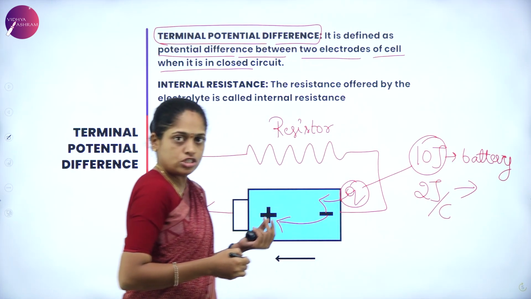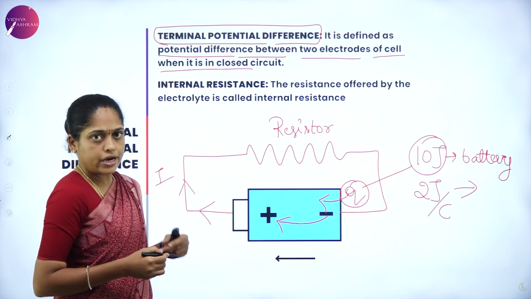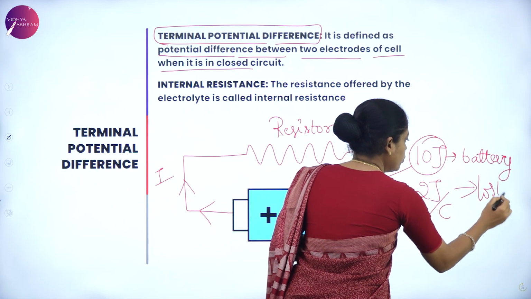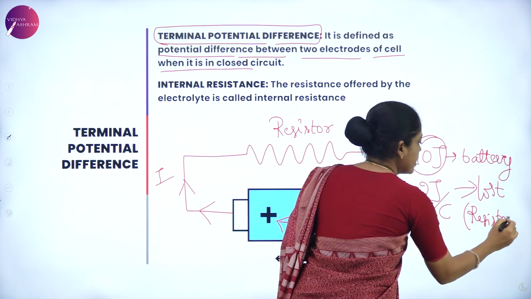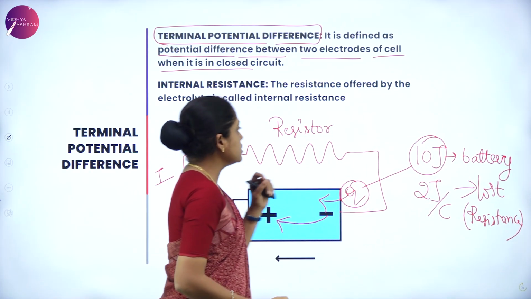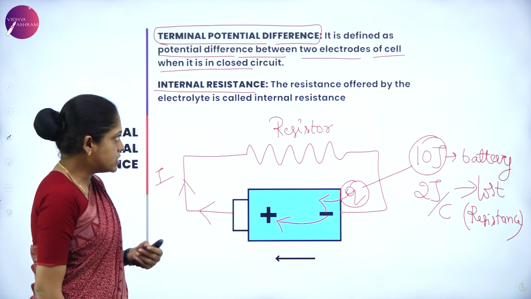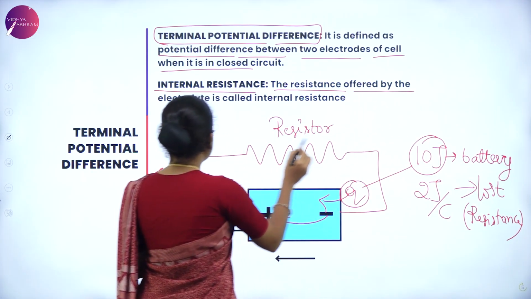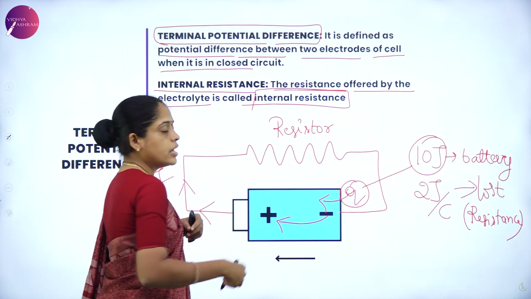How much energy is lost? 2 joule. Let us assume that 2 joule per charge of energy is lost due to resistance inside the battery. That resistance is known as internal resistance. What is internal resistance? The resistance offered by the electrolyte is called internal resistance.